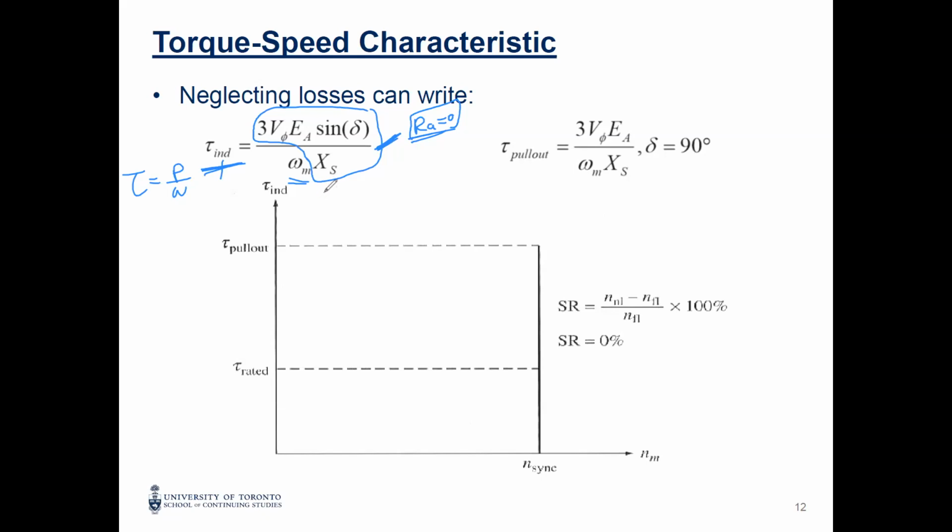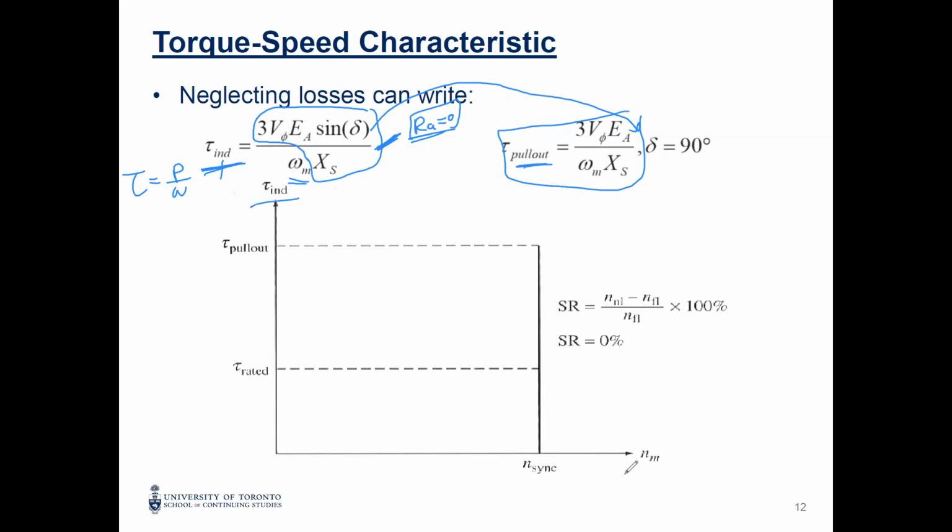What is the maximum value for the torque if the angle delta equals 90 degrees? We call this the pull-out. Pull-out is an extremely large torque that you do not want to apply to your motor or to your generator. So this is the pull-out torque.